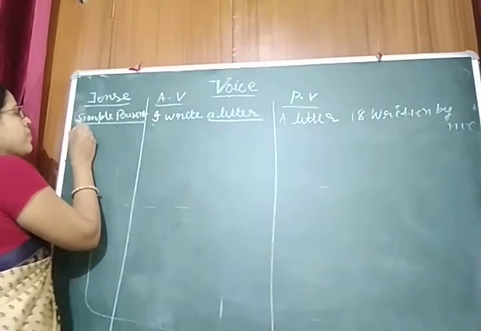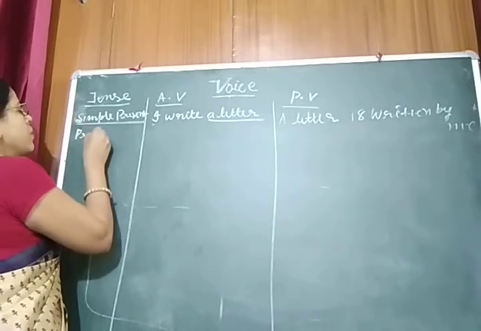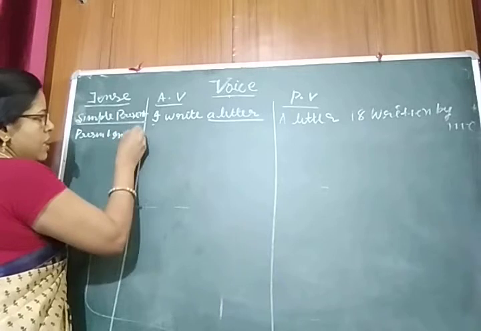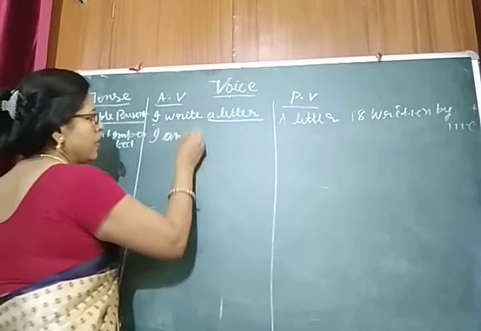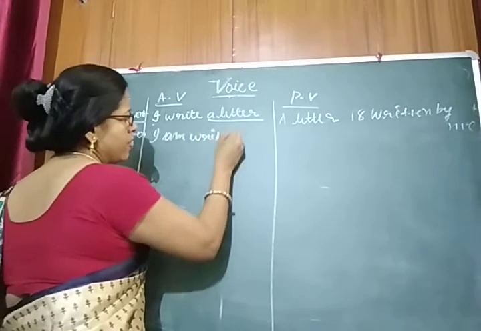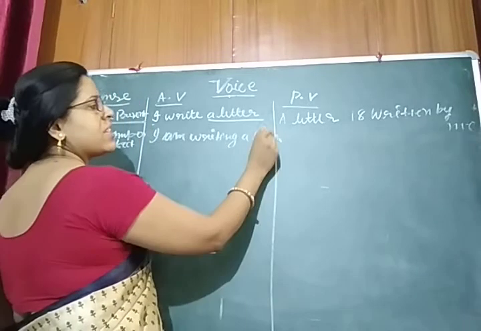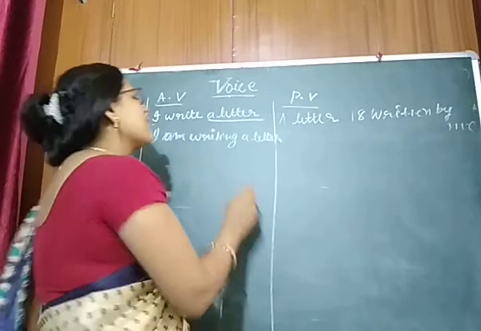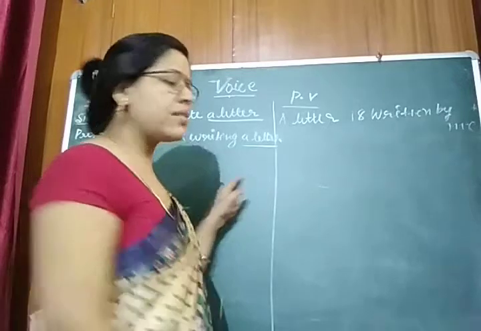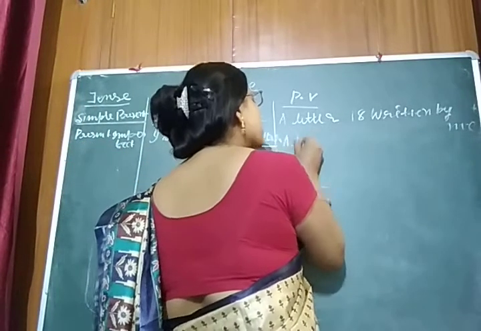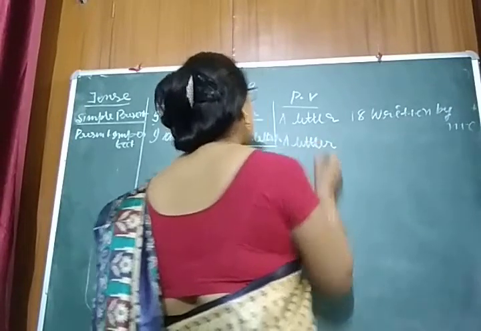Now come to the present imperfect tense. I am writing a letter. All right. So I am writing a letter. This is the sentence. What is the object here? The object is a letter. So at first we will make it the subject. So what will we write here? A letter.